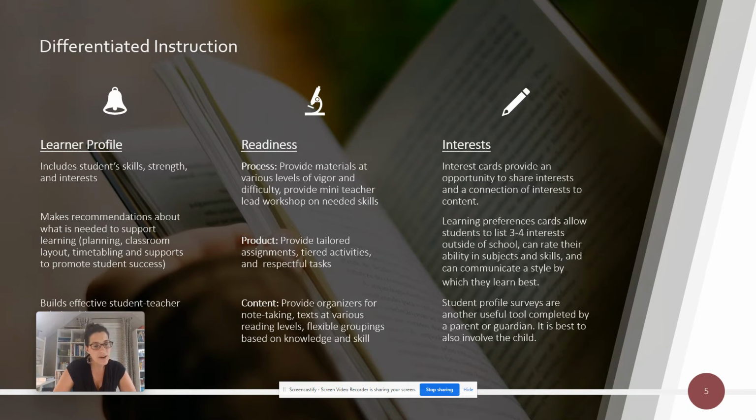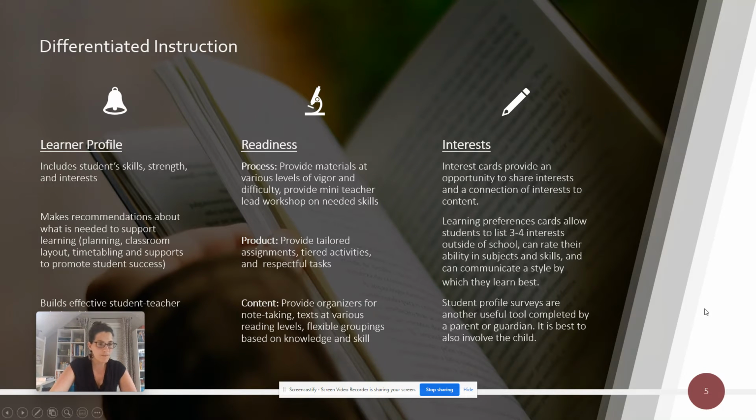Once you have your student profiles, you're able to identify, by natural progression, what is needed: an effective classroom layout, perhaps timetabling or supports that can really help that student succeed academically.